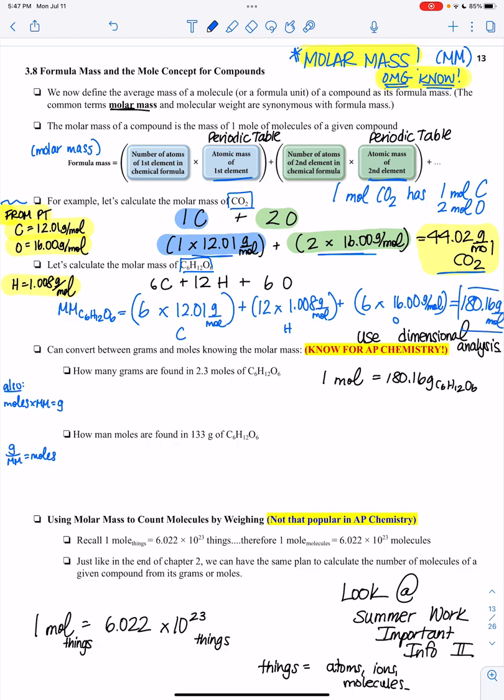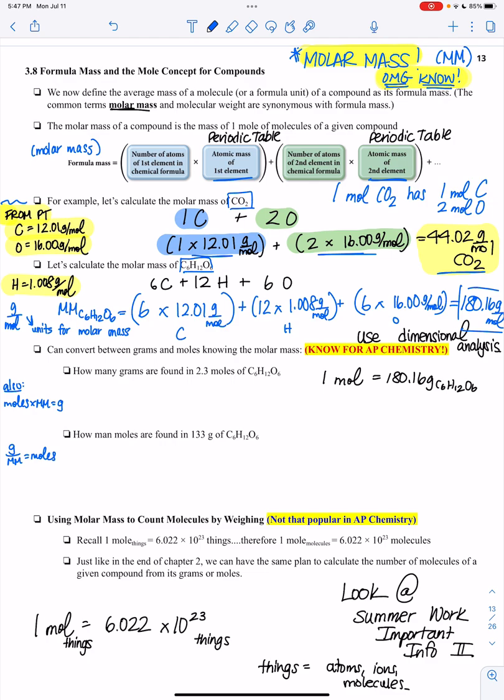Grams per mole is the units for molar mass. So if I ever see g over mol, these are the units for molar mass. Molar mass of an element, molar mass of a compound, molar mass of whatever I'm talking about.